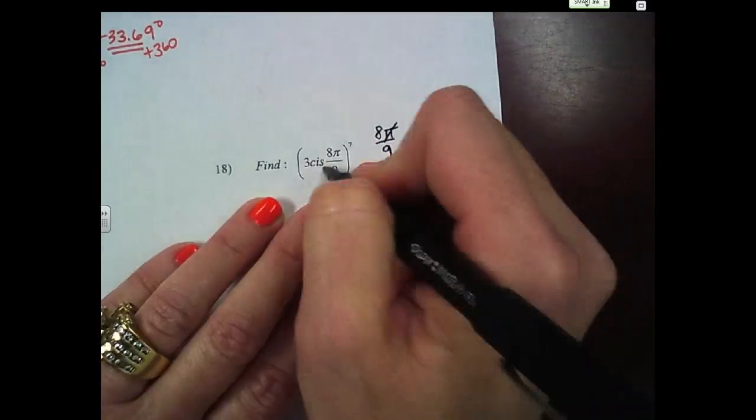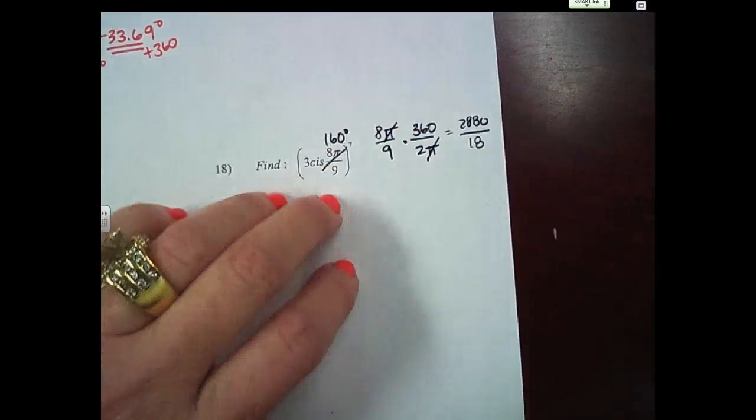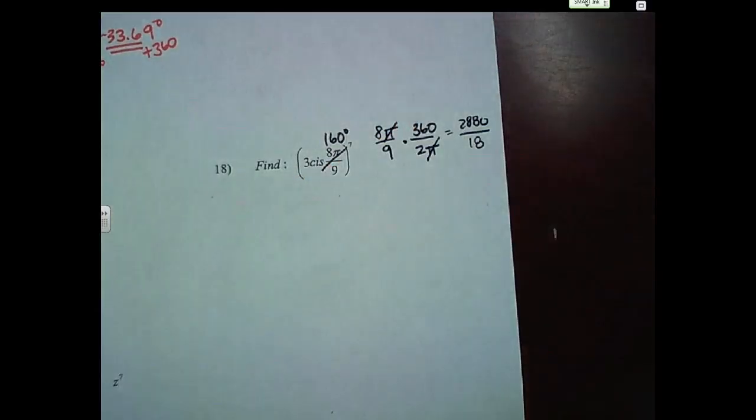So the degrees is 160 degrees. Right? So if you see a radian that's too big, or that's not on your unit circle, you can convert it to degrees that way. Right, then you can continue on.